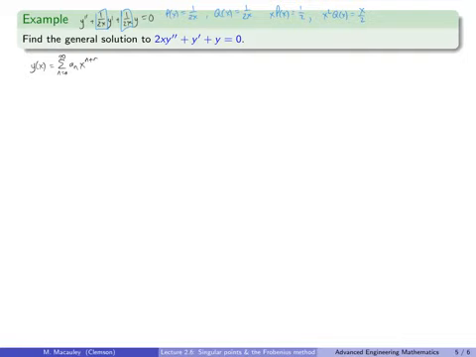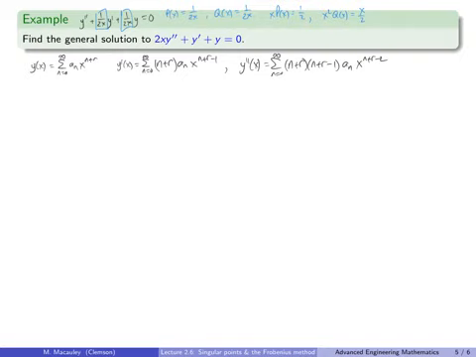So let's take derivatives of this. y prime of x equals the sum from n equals 0 to infinity of n plus r times a n x to the n plus r minus 1, and y double prime of x equals the sum from n equals 0 to infinity of n plus r times n plus r, not plus, that should be minus 1, times a n times x to the n plus r minus 2.